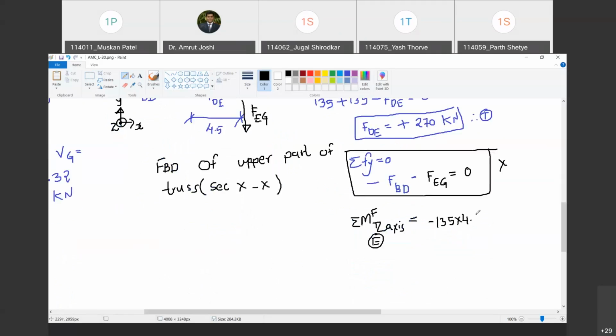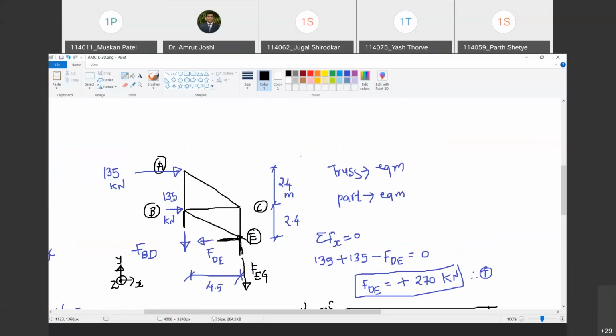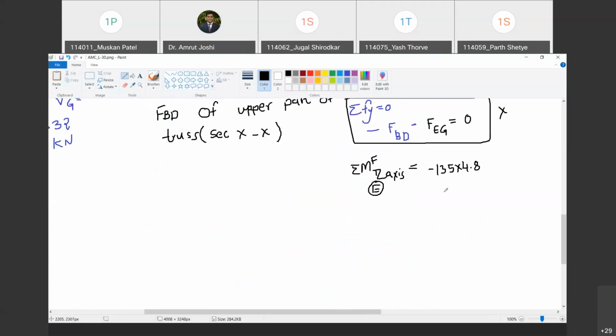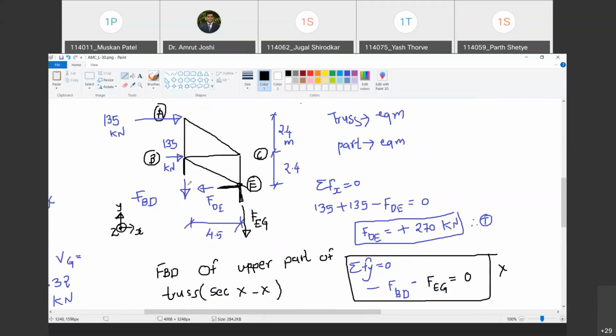Very good. Is this other 135 going to cause moment about E? Yes, definitely. How much? Minus 135 into 2.4. Happy? Yes, sir. What is the next force? The next force is FBD. Is it going to cause moment about E? Yes, sir.